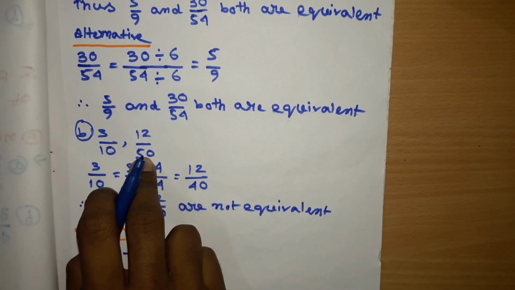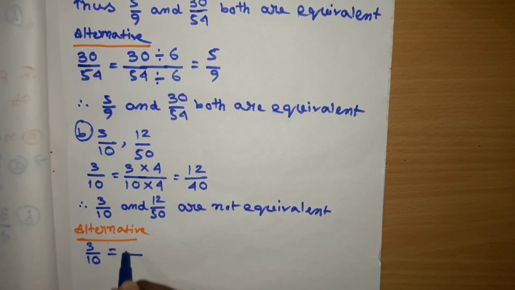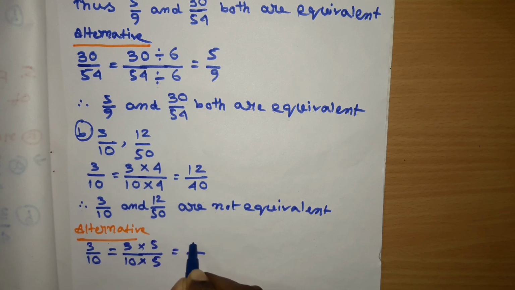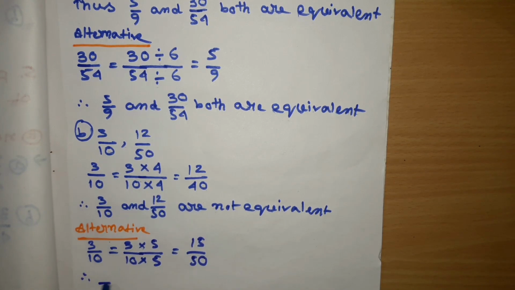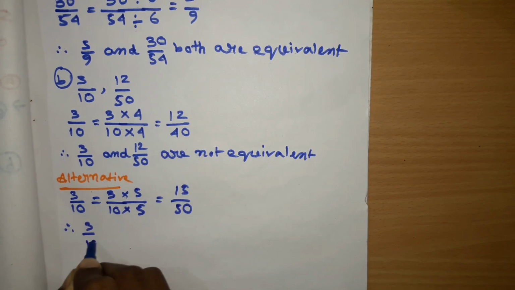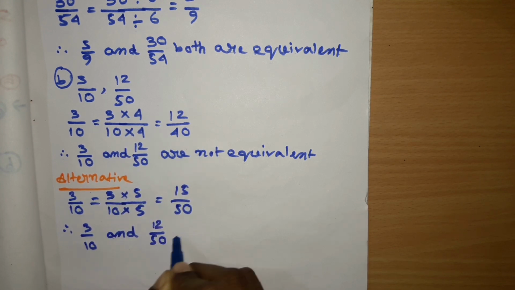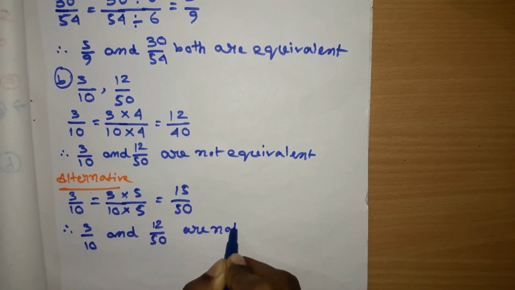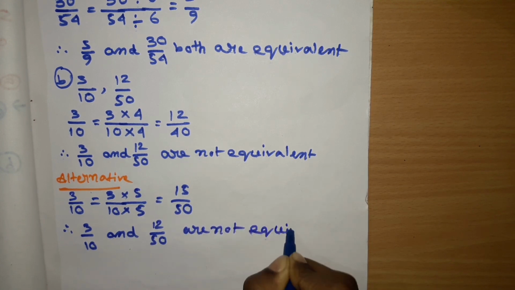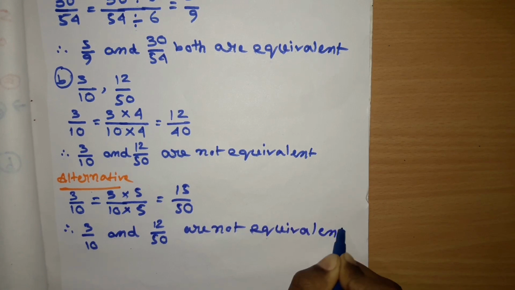Now I want to make the denominator equal. To make it 50, I'll multiply by 5, and I have to multiply the numerator too. So 3 fives are 15, and 50. Still I am not getting 12 by 50. Therefore 3 by 10 and 12 by 50 are not equivalent.